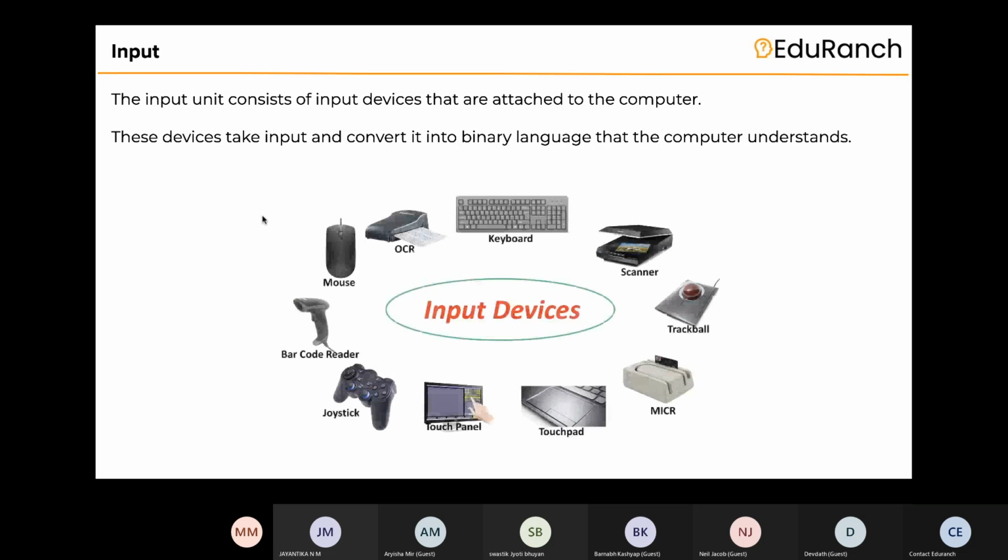There are various input devices. We have seen keyboard and mouse. There are scanners, and the earlier ones also had trackpads, and even today we have trackpads. There is a touchpad, a joystick, a barcode reader, and a few others, just to name a few.